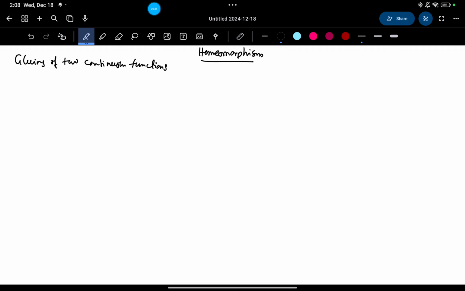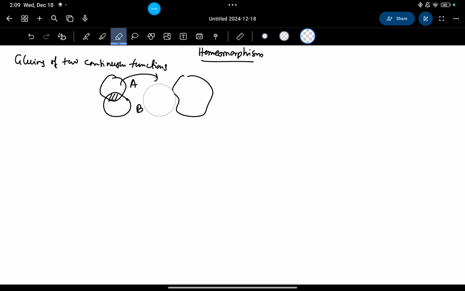So just to recall, gluing means suppose we have two sets, let's say A and B, and from A we have one function, let's say f, and from B here it is my function g.